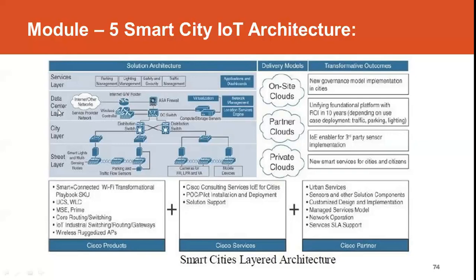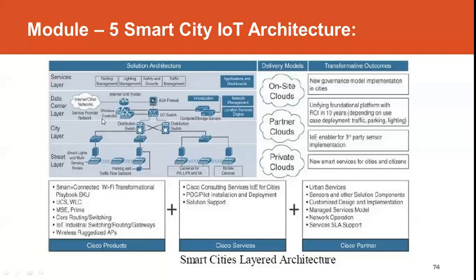Then the data center layer. One such solution includes several other layers also. The network layer is used to communicate from the street layer to the data center. In the streets, the sensors will collect the data.